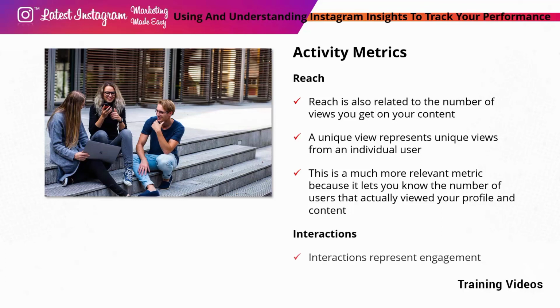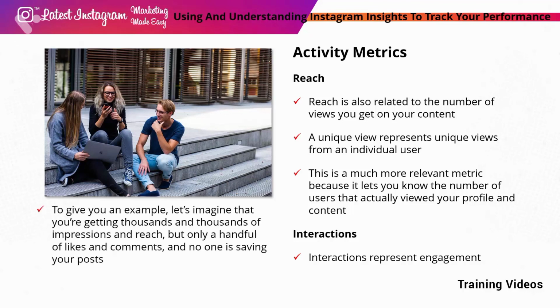Interactions. Interactions represent engagement. This is likes, comments, shares, and saves. This is a much more accurate metric when it comes to determining performance, because it lets you know if you're getting a healthy amount of interactions when compared to your impressions and reach.